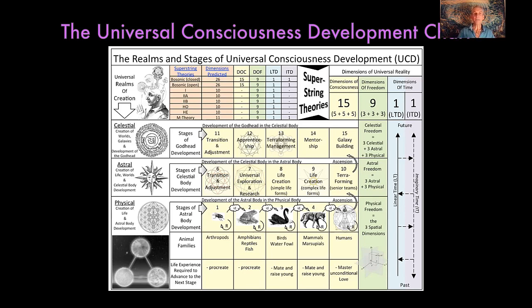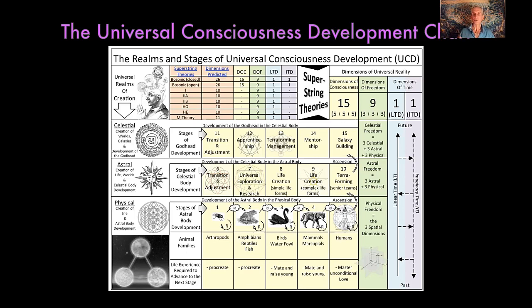And then there are 5 dimensions at the celestial level too that we would associate with God realization or God consciousness, things like omniscience, omnipresence. And some of us have had those experiences as well. They're not part of our normal experience, but there are states of consciousness, especially meditative states, that people have had in which they have experienced God realization or omniscience or being one with all things.